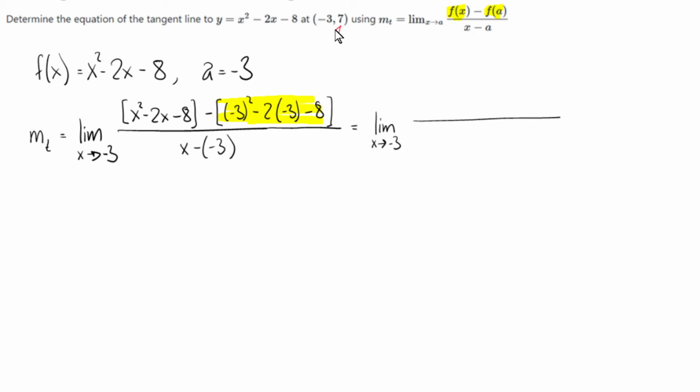It's 7. And of course, if you evaluate this, -3 squared is +9, plus 6 is 15, minus 8 is 7. So we already know that this is supposed to equal 7. So we just drop the brackets. We're going to get x squared minus 2x minus 8 and minus 7 in the numerator. Denominator is going to be x plus 3.